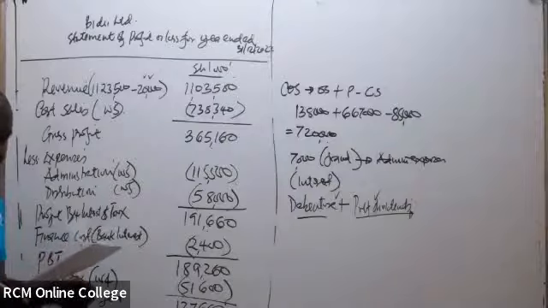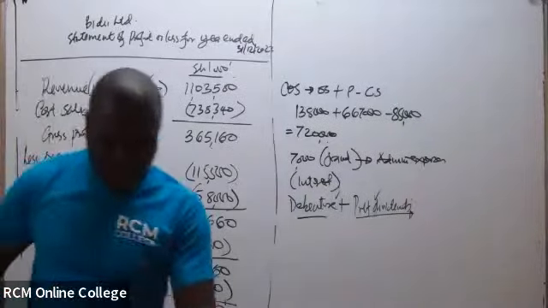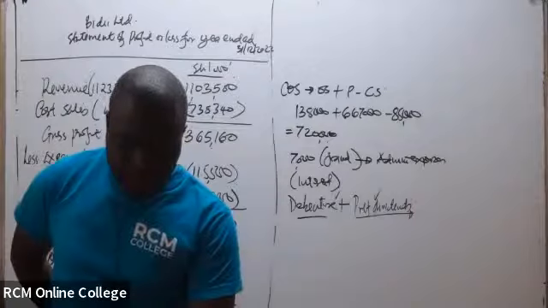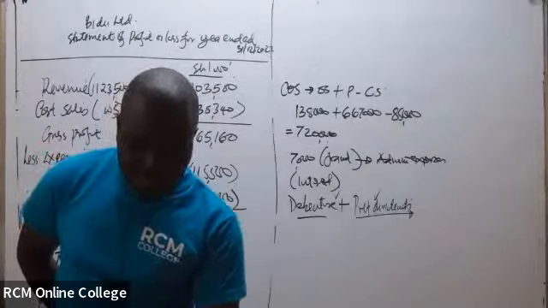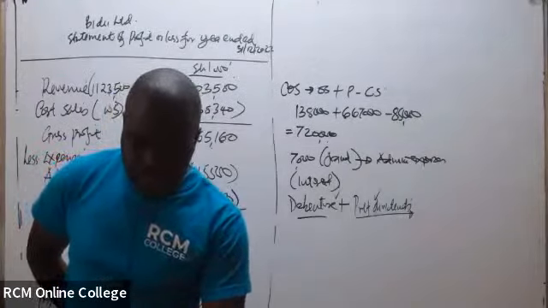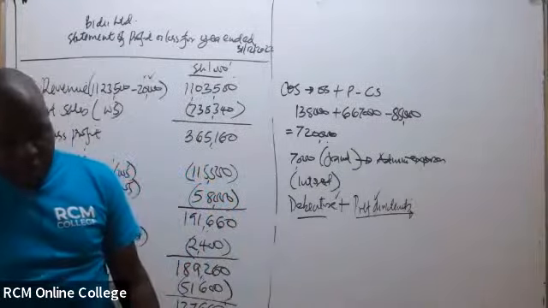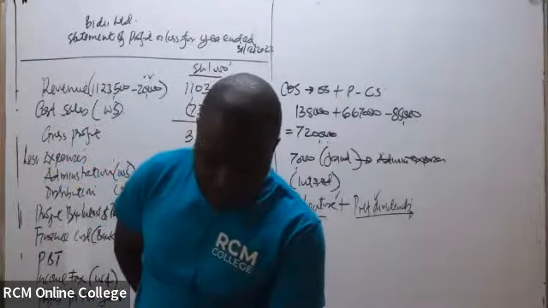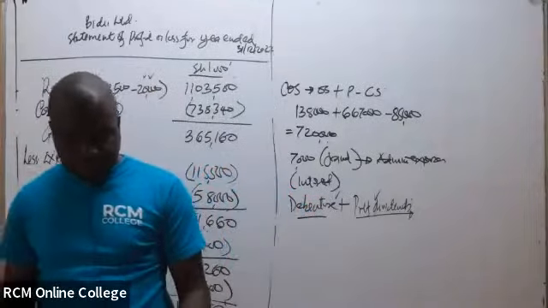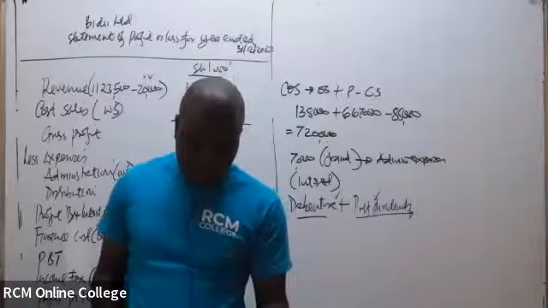Then the next item they want us to prepare is the statement of changes in equity. Ideally, we'll be looking at how the equity elements or items change.